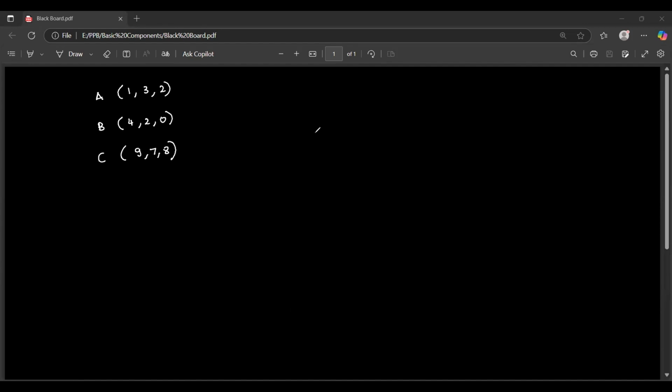Then we can draw BC, and we can say this is AC. Okay, and we have to find the triangle. We close this. So this is A, this is B, and this is C. We just have to find AB and then AC. We'll find the cross product of AB and AC, and then we can find the modulus or the magnitude.